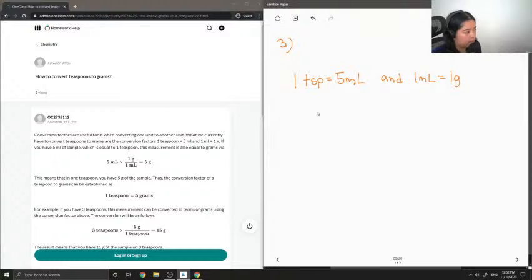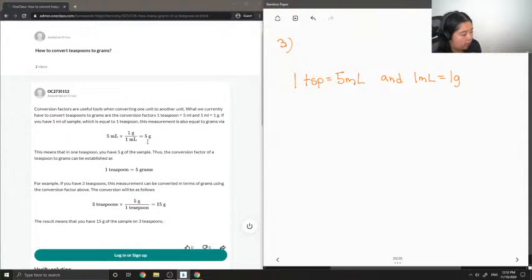So basically, you would use these conversion factors.